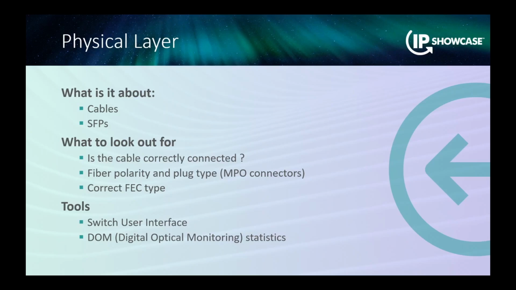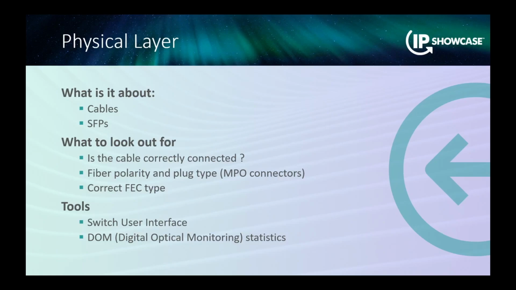Of course, what we look out for is whether the cable is correctly connected. That seems to be obvious, but there are some specific things in those high bandwidth IP connections, especially concerning fiber polarity and plug type. We have multiple fiber optic connectors, or the MPO connectors.